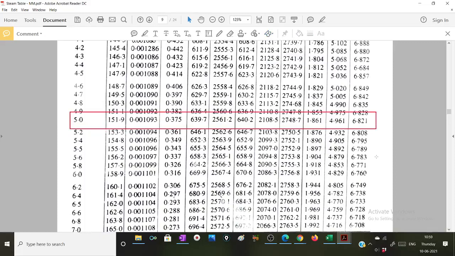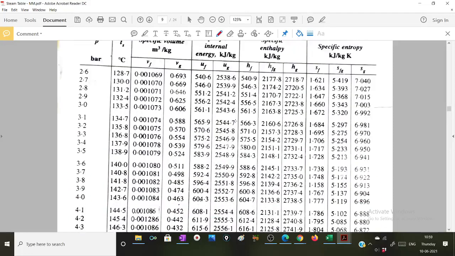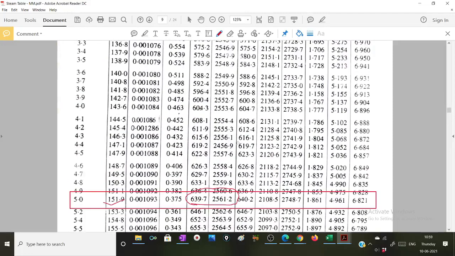I am interested in these properties only. This T saturation and this hf, hfg.